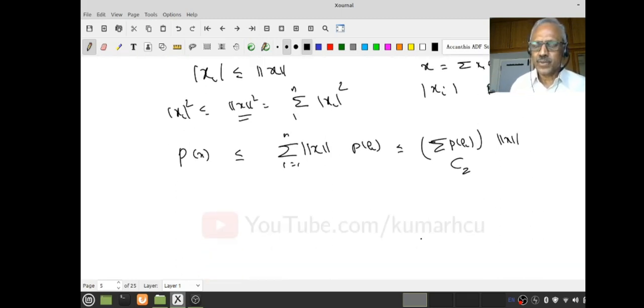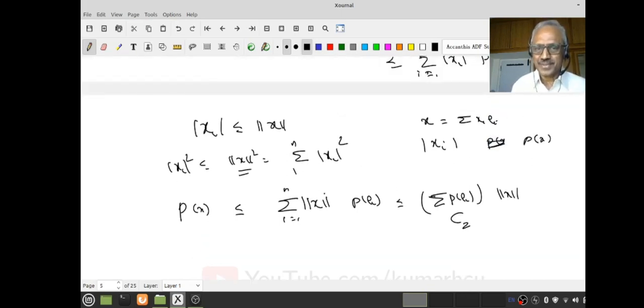Why can I do this? Remember, I am using the fact that this sum is finite. How do I know the sum is finite? Because I am dealing with only Rn. Do you see that? This is a subtlety. So two things we have already used. What did we use? Our special choice of Euclidean norm ensured this happens.